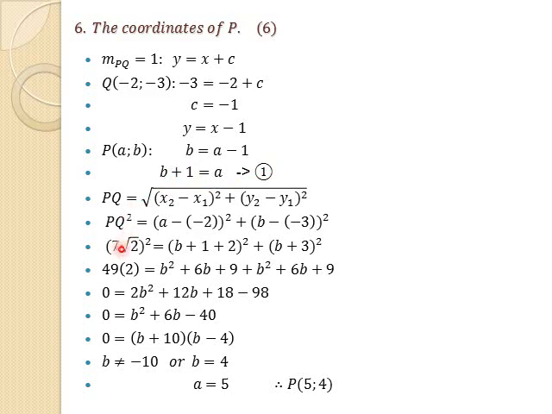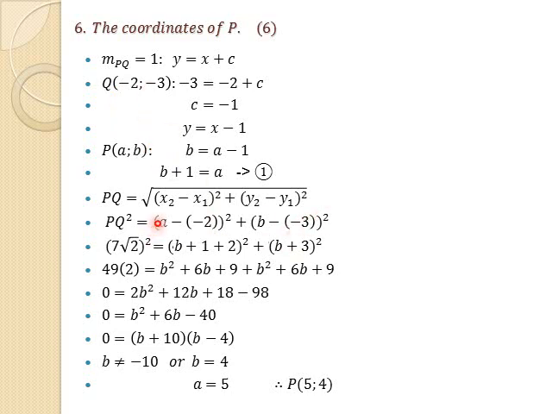Right, because I have the length of PQ, I'm going to use the distance formula. It states PQ equals square root of (x2 minus x1) squared plus (y2 minus y1) squared. If I square both sides, I can get rid of the square root, so PQ squared equals, in the place of x2, (a minus minus 2), (p minus minus 3) squared.